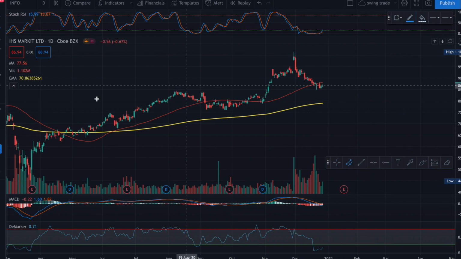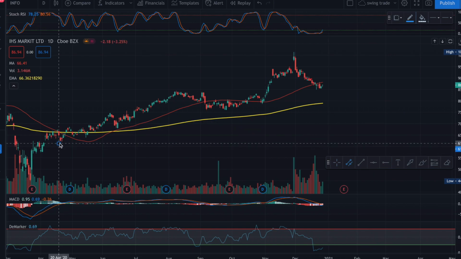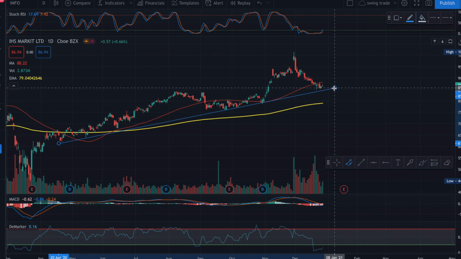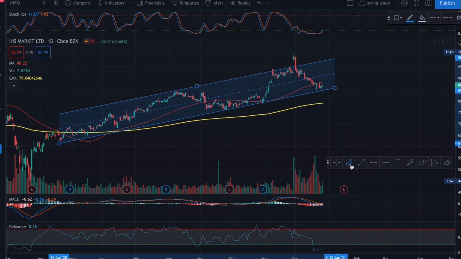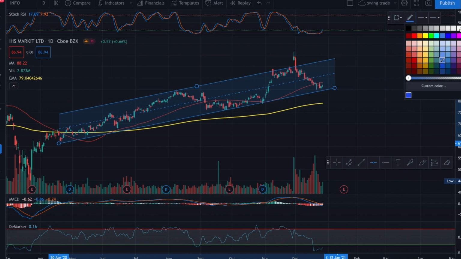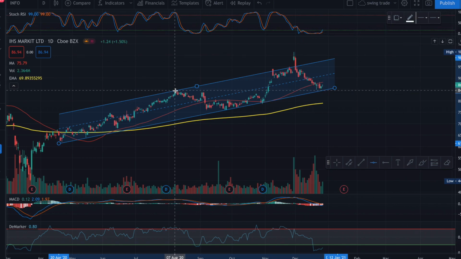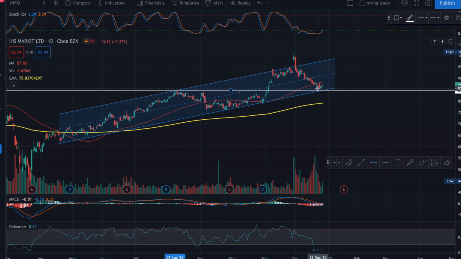So for the first pick on INFO, we can clearly see INFO is moving in a channel and it currently tested the support resistance line, which is right around this area. As we can see, it touched and it bounced back, which is a pretty good support.